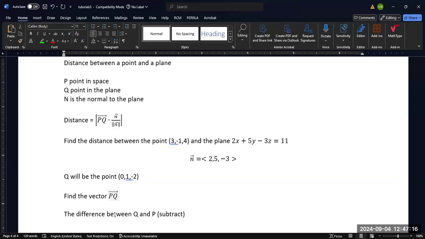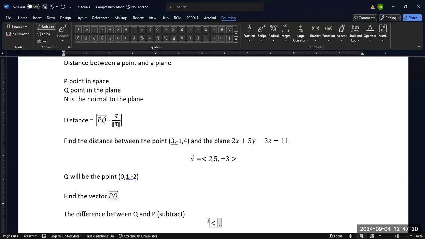So in this case, we're going to get 0 minus 3, because we have to do Q first, because we're going from P to Q, so Q is the endpoint. So 0 minus 3 is going to be -3, and then 1 minus a -1 is going to be 2, and then -2 minus 4 is going to be -6. So that's our PQ vector.